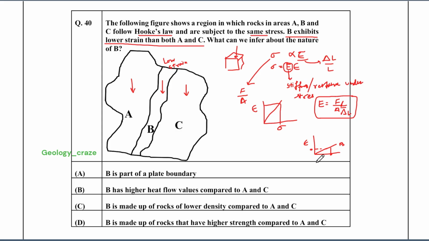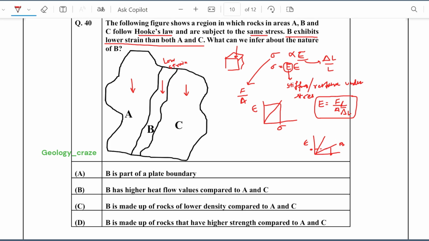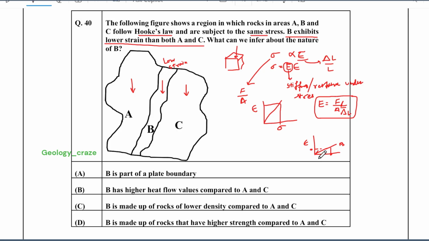For A and C, suppose both are the same material or different material, its graph is above these two, a little lower angle, make it 45 degrees or something. Now in B we are getting low strain, and in A and C we are getting high strain as compared to B.